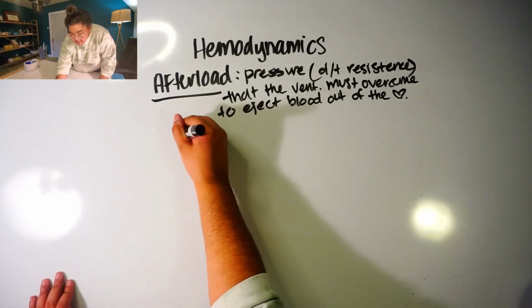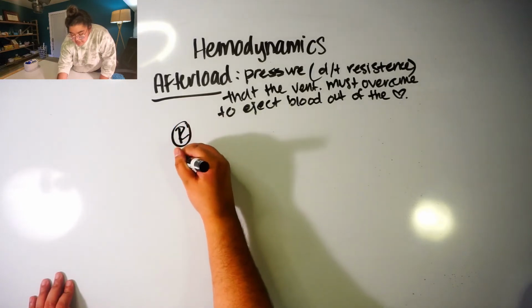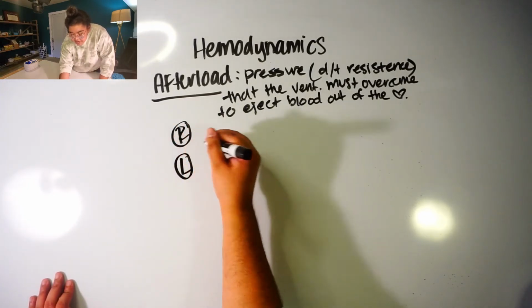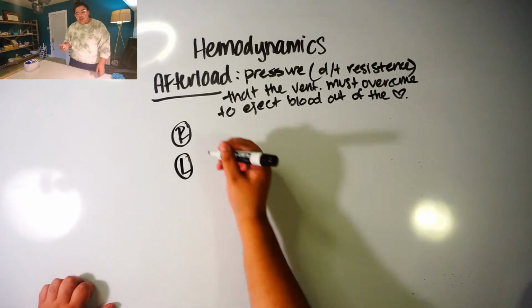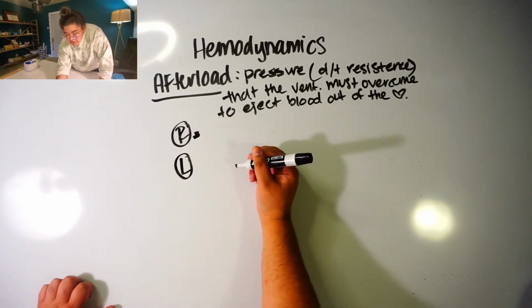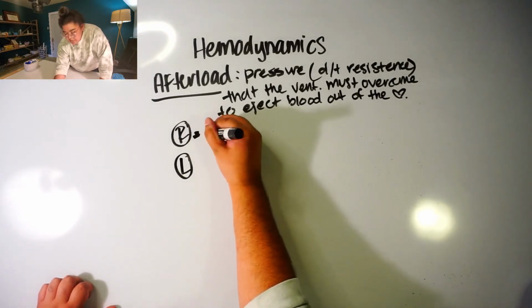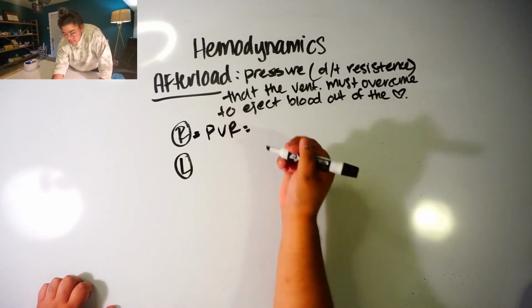On the right side, this is similar to our preload. The right side of the heart goes to the lungs. Since this is related to resistance, we're going to measure right side afterload with pulmonary vascular resistance.